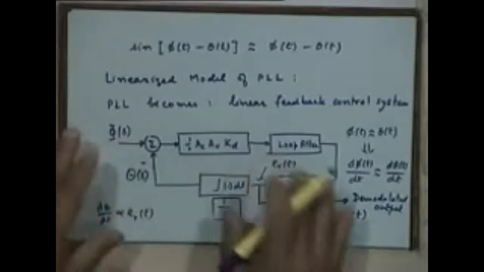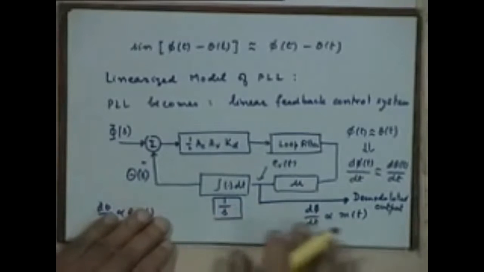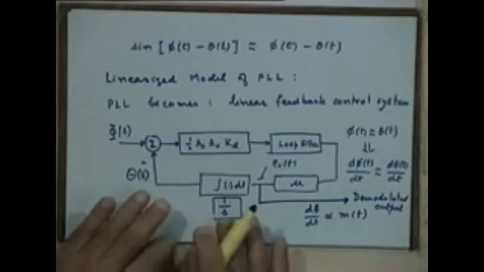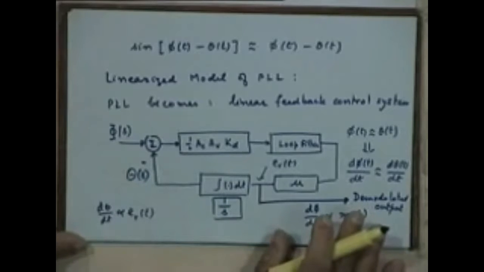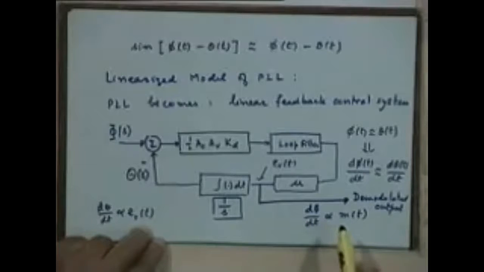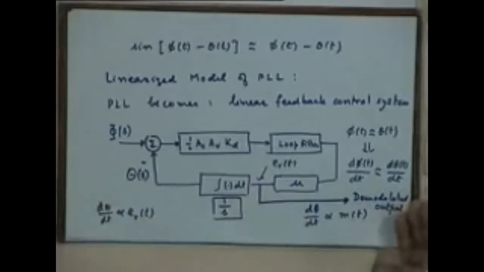We have to still of course understand the mathematical analysis of this loop, which we will do as we go along, but right now, even without going through any mathematics, we can conclude that in the lock condition the output E_v(t) is proportional to the message signal m(t) that you are looking for in an FM demodulator, and therefore, the phase lock loop in a lock condition works like an FM demodulator.